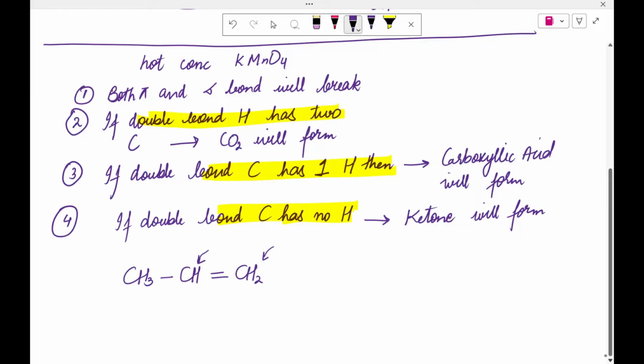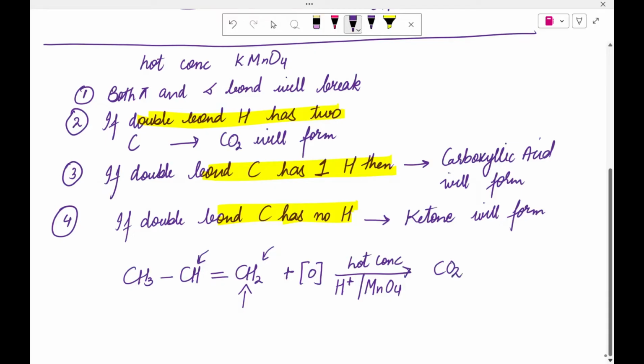So now what is going to happen? First of all, there's addition of oxygen here because of acidified KMnO4, then hot concentrated KMnO4. As it has two hydrogen, there'll be the production of carbon dioxide.